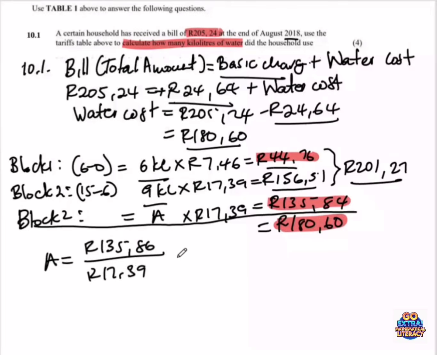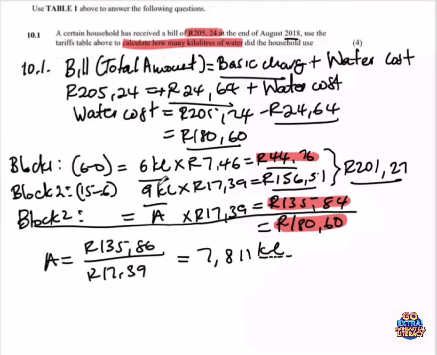When we divide these two, we get around 7,811. There are also other numbers there. So these are the kiloliters that you can multiply with 17 to give us this amount here, and when you add it, it gives us this amount.